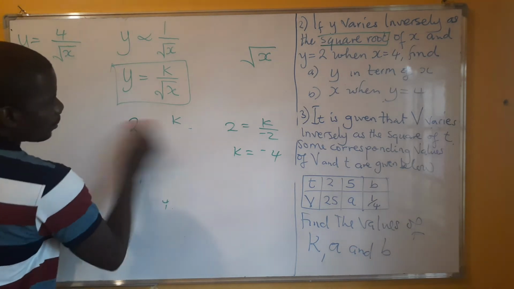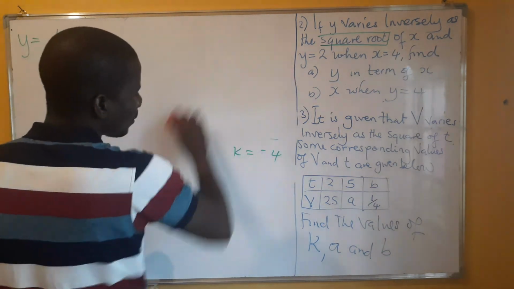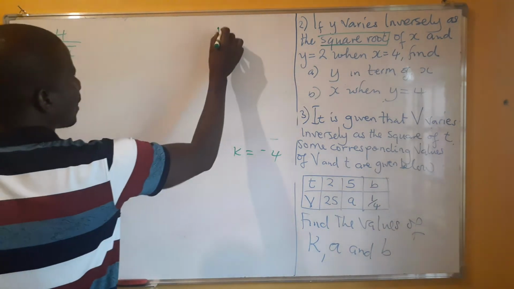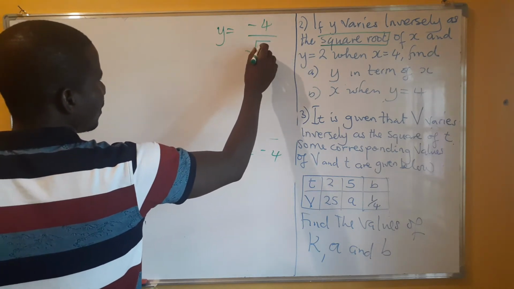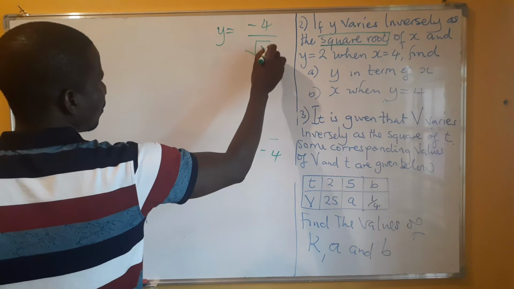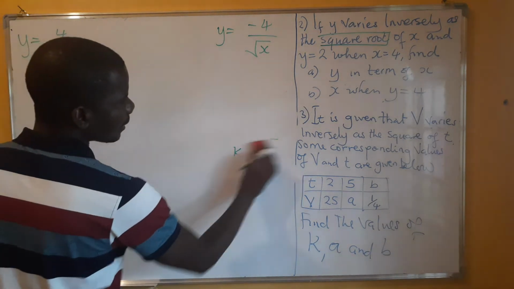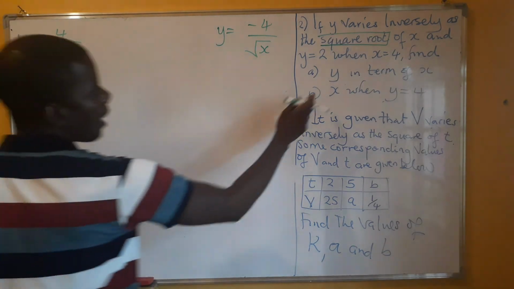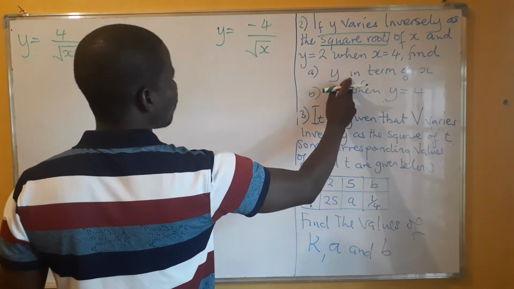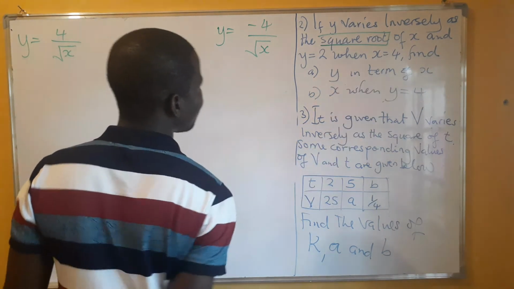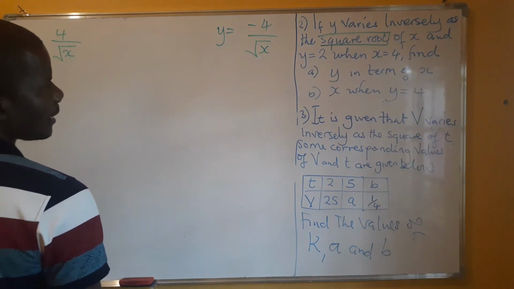I also want to see what would happen if k is equal to negative 4 over the square root of x. So now, find the value of y in terms of x.